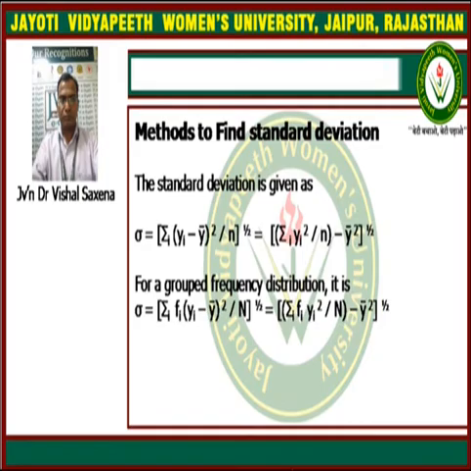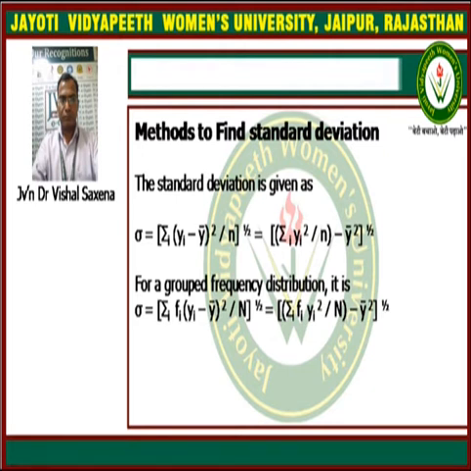Today we are going to share some slides to explain this with mathematical terminology, mathematical formulas, and examples. Here, initially, the standard deviation formulas are given. There are two formulas mentioned here.